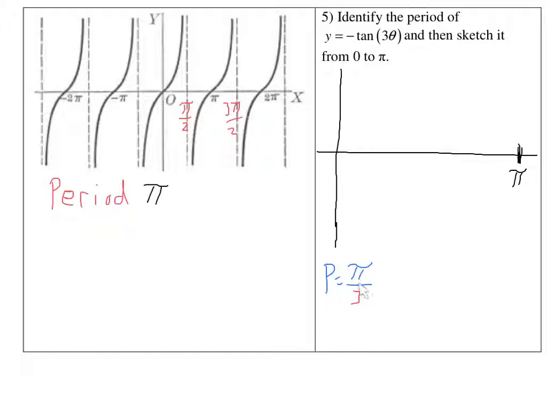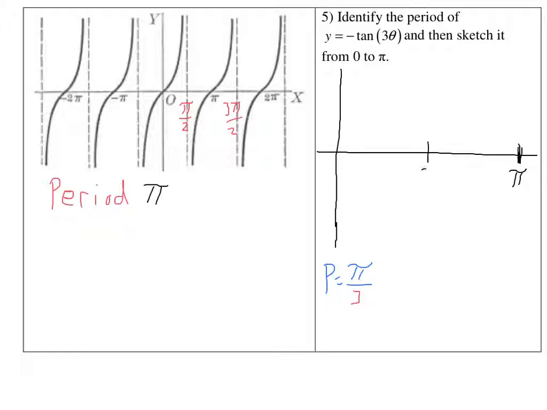So what's half of pi? It's pi over 2. Sorry, half of pi over 3, that is backwards. What's half of pi over 3? Pi over 6. So that's a little ugly. Can I break this into 6?